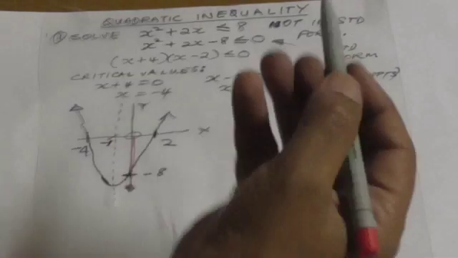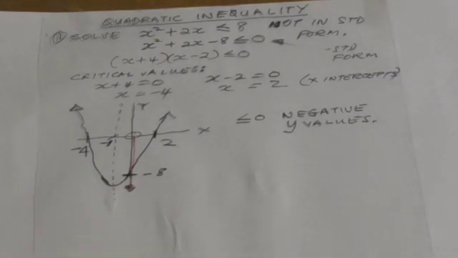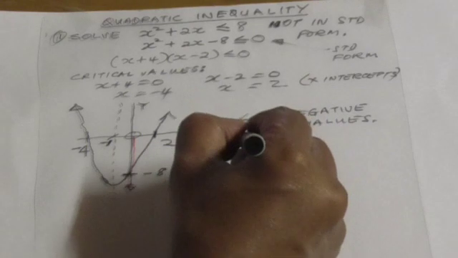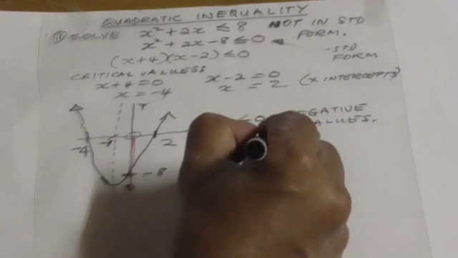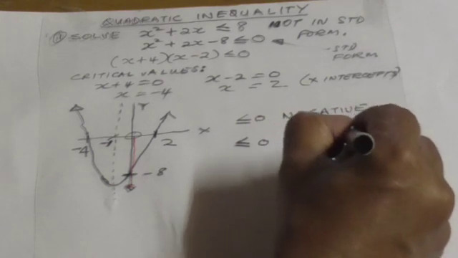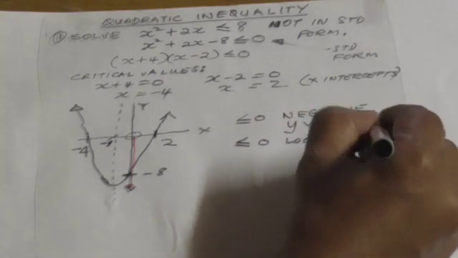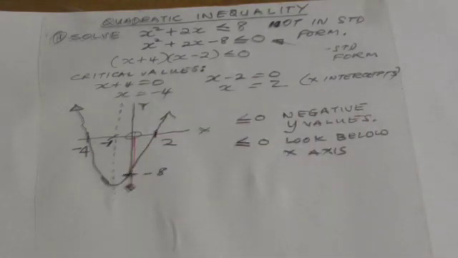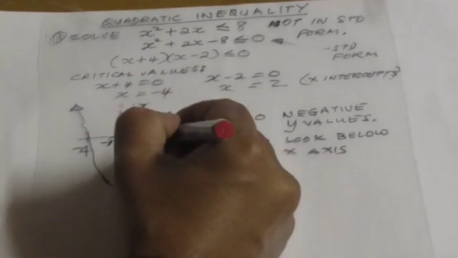But to make your life easy, instead of explaining it like that, we say that if it's less than or equal to 0, look below the x-axis. So if you look at the graph below the x-axis, you'll be looking at the graph here.